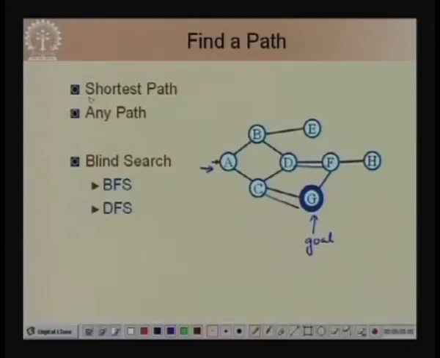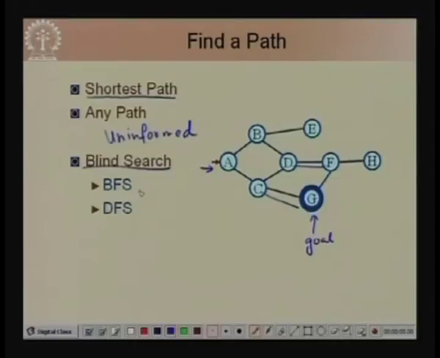Now, there are several alternatives for which our algorithm will strive. The objective of the algorithm may be to find the shortest path from the start to a goal state, or it could be to find any path from the start to the goal. Today, we will look at blind search or uninformed search, which I mentioned means that the algorithm does not use any information about the domain.